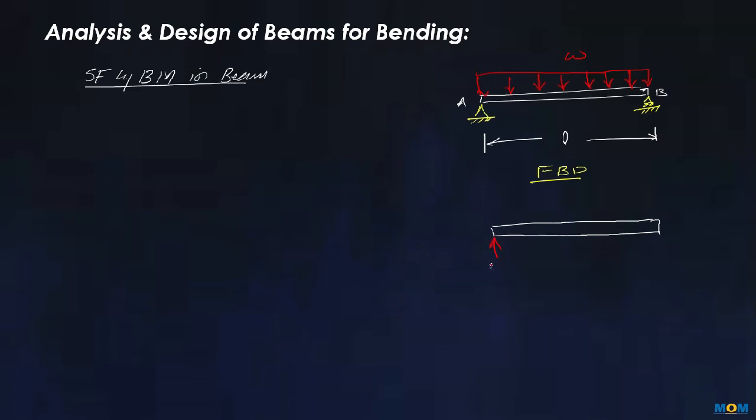So here we have RAY and here we have RAX, here we have RBY, and this is subjected to a uniformly distributed load omega. Now after that, we go for the calculation of shear force and bending moment in the beam.